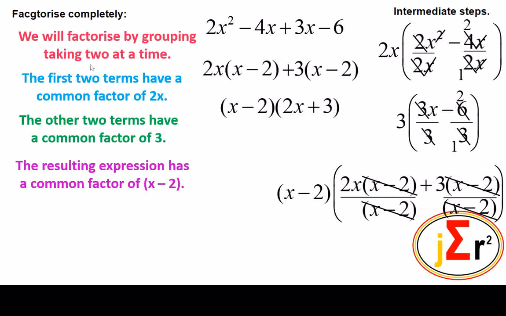We are left, therefore, with your common factor of x minus 2 and the remaining factor of 2x plus 3. Sometimes students just put numbers into the second pair of brackets without understanding why it is done. We are demonstrating right here the complete process of factorization.